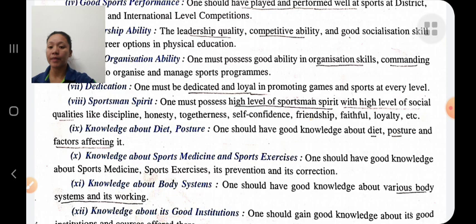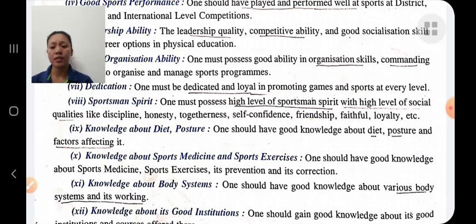Knowledge about sports medicine: in games and sports, there are various injuries, etc. So you should have knowledge about sports medicine so that you can handle any emergency. Sports exercise: you should have knowledge about sports exercise, correct rehabilitation exercise, etc.